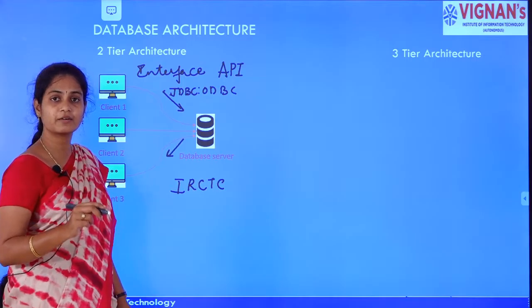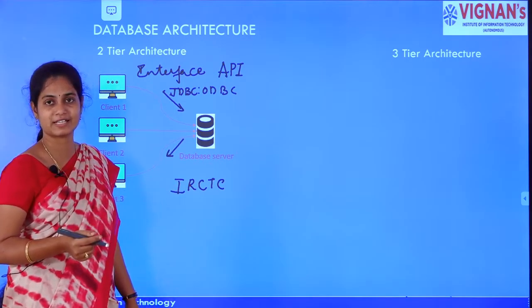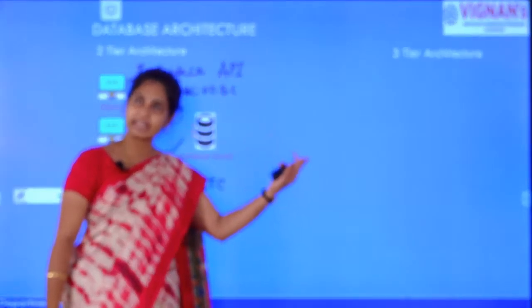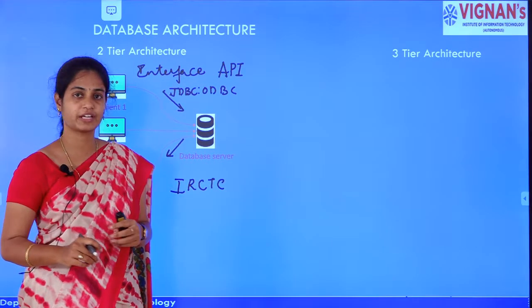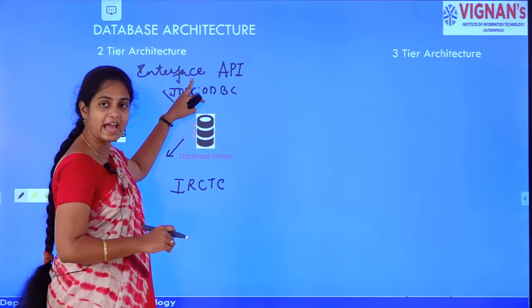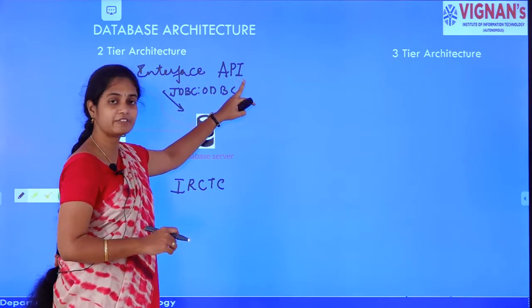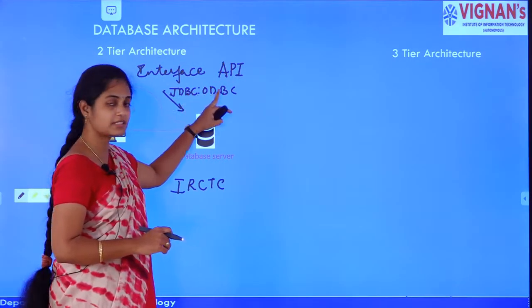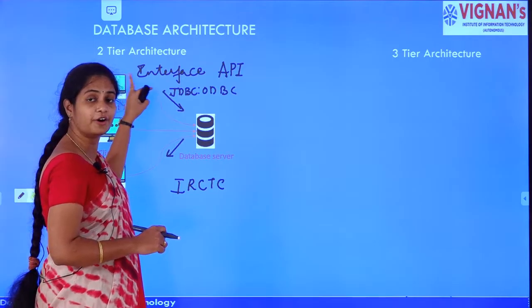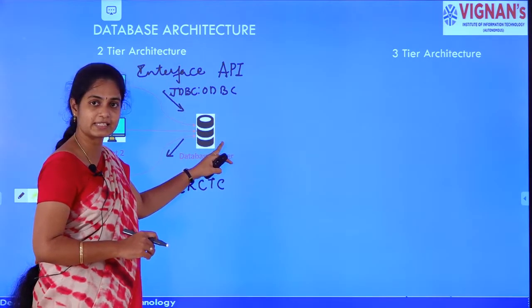You have to keep one point in mind: this connection may not be physical. The database can be at any location and the clients can be at any other location. When you have an interface on the client machine, the API will be running. Using the API, through a JDBC ODBC connection, a normal connection or a wireless connection will be established.